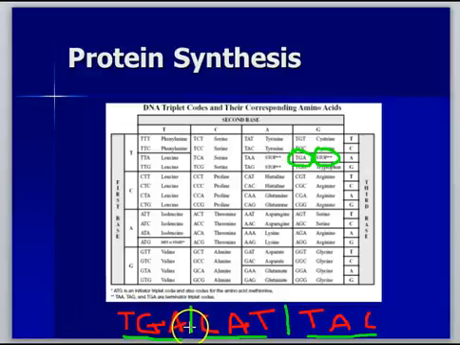But we're just trying to illustrate a point of what this code stands for and how you can figure out the amino acids. CAT, so again, I look for the first base, I go across. CAT, right there, stands for the amino acid histidine. And TAC, I come up again, T, I go across, TAC, right there, stands for the amino acid tyrosine.